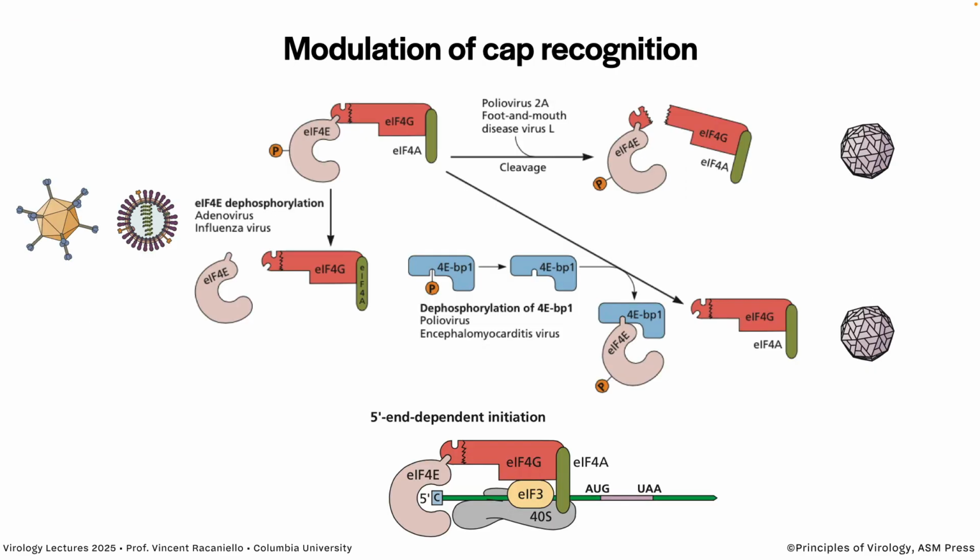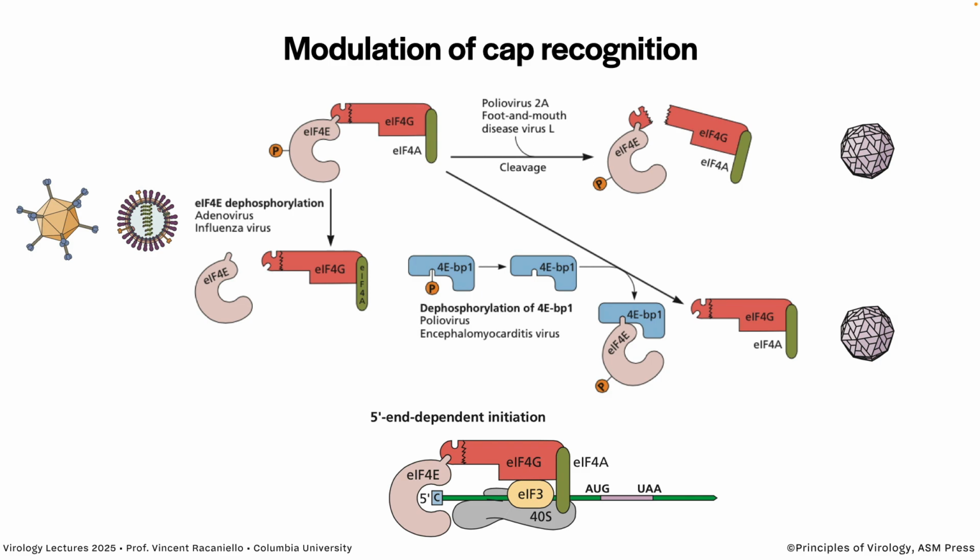How does this work? There are a number of mechanisms, as you might expect. Now remember, I'll remind you that in order to translate, the cap binding protein has to bind the cap and recruit all these other proteins in, which eventually bring in the 40S subunit. We call this 5' end dependent initiation because that cap is at the 5' end.